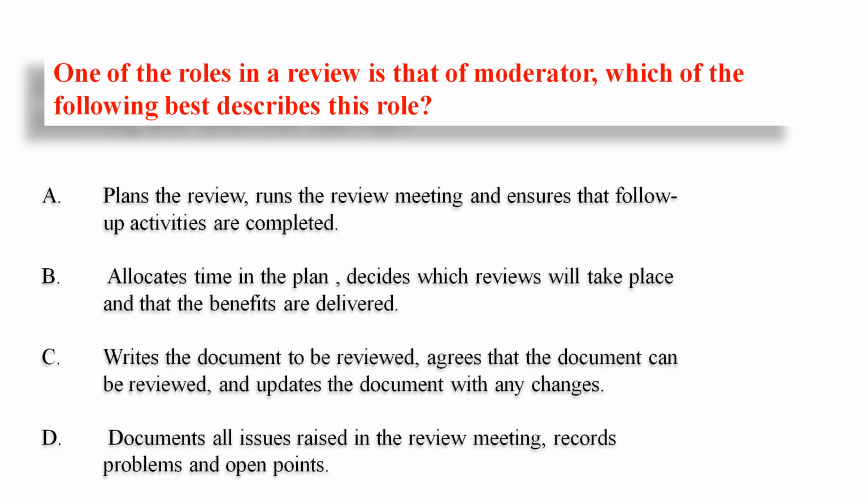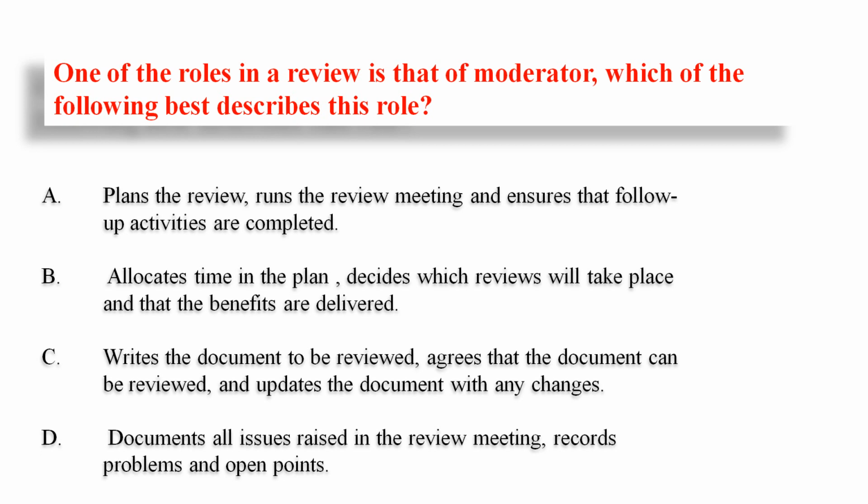See now, option D, documents all issues raised in the review meeting, records the problems and open points. This is the responsibility of a scribe. Option C, writes the document to be reviewed, agrees that the document can be reviewed, and updates the document with any changes. That is the responsibility of the author. Allocates time in the project plan, decides which reviews will take place, and that the benefits are delivered.